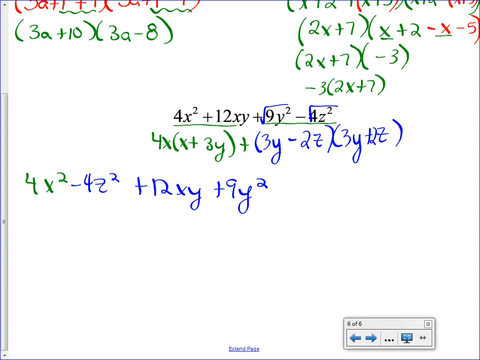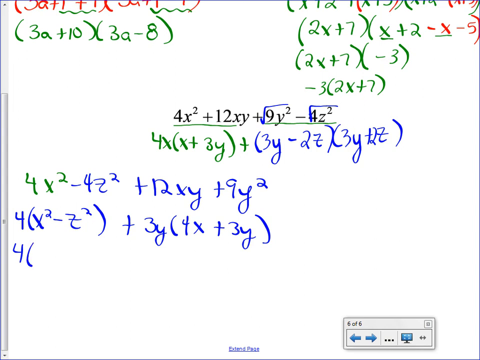I have a difference of squares here. Actually, I can factor out a 4. Factor out a 4. So I'm left with x squared minus z squared. I can factor out here a 3y. So I'm left with 4x plus 3y. Then here I have 4 bracket x plus z, x minus z, plus 3y, 4x plus 3y.